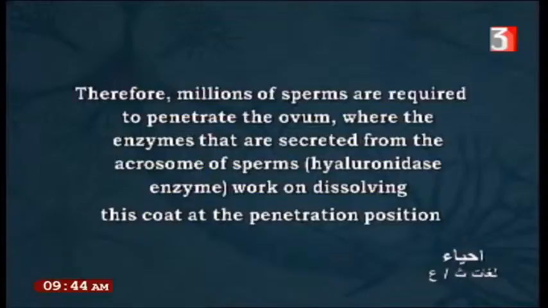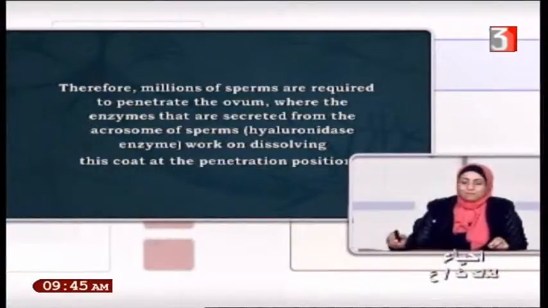This strong coat can be removed using the hyaluronase enzyme. This enzyme dissolves the ovum coat and allows only one sperm to enter inside the nucleus of the ovum. When it enters, what happens? The ovum covers this hole and prevents any other sperm from penetrating the ovum, and this is by the action of the sperm.